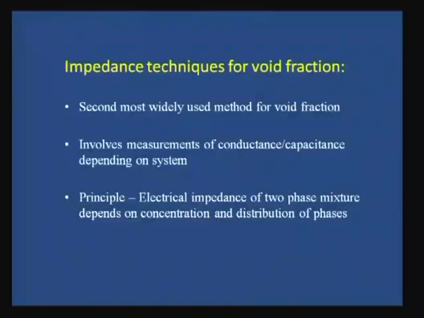Now, when we are using it, what we have to do? We have to measure the conductivity when the tube is full of water, the conductivity when the tube is full of air, if it is an air water mixture, and then find out the conductivity when the two phase mixture is flowing. Now, after we measure the conductivity, we have to convert it to the void fraction, because our final aim is to find out the void fraction, isn't it?